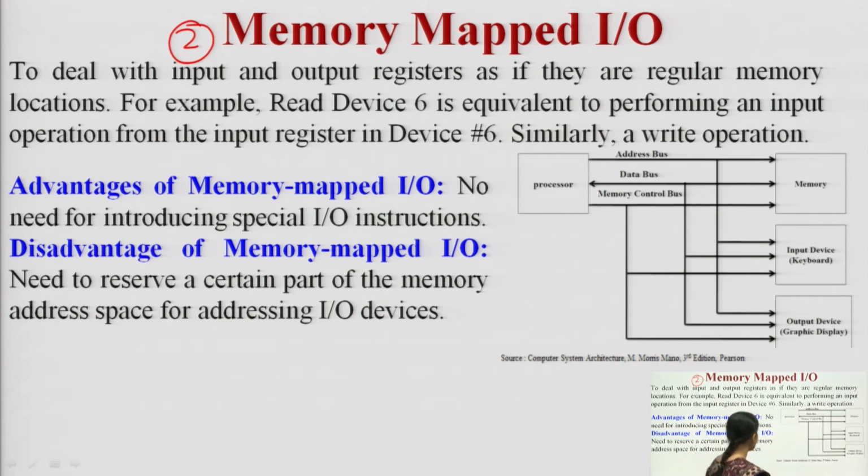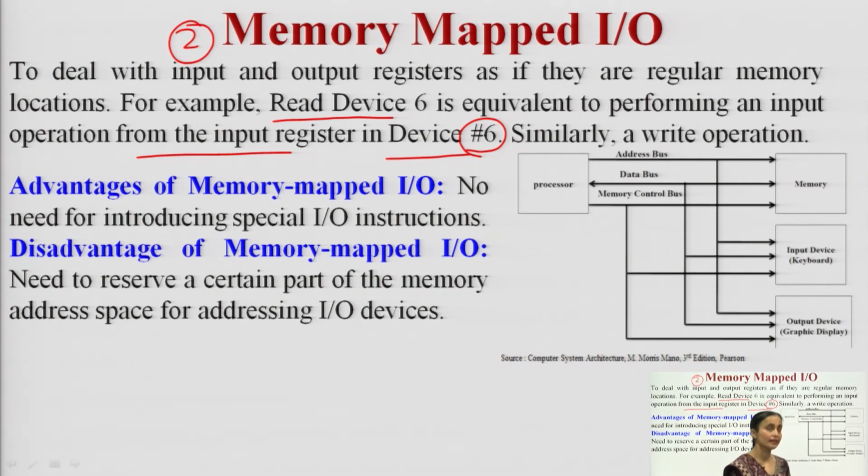For example, suppose we have written the read device 6, it is equivalent to performing the input operation from the input register that is connected at this address. Similarly, we may write any command for write operation also.